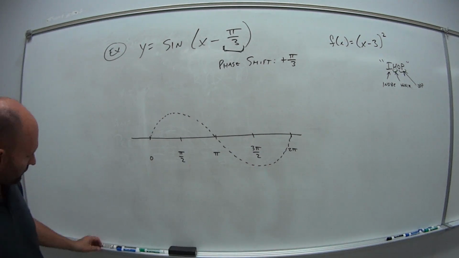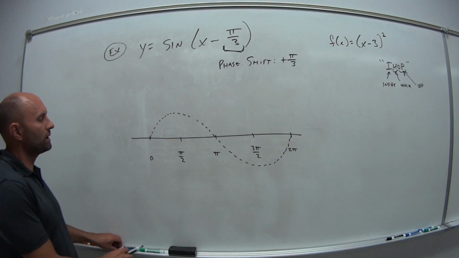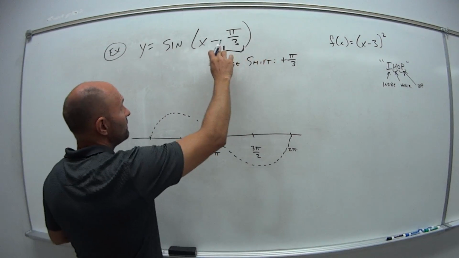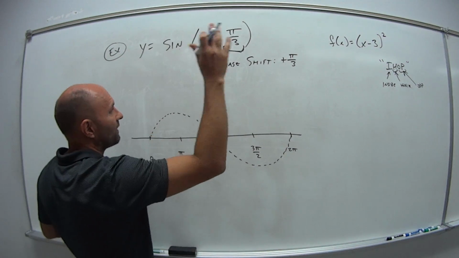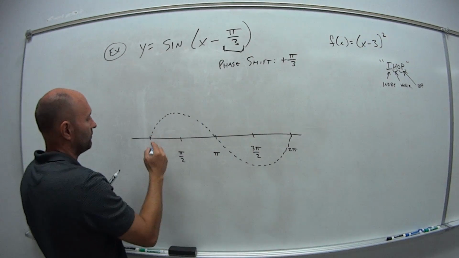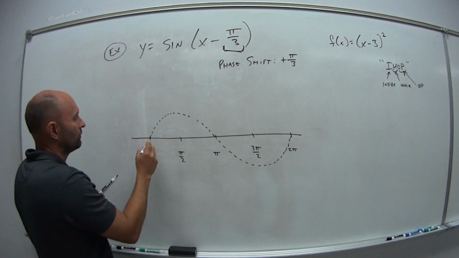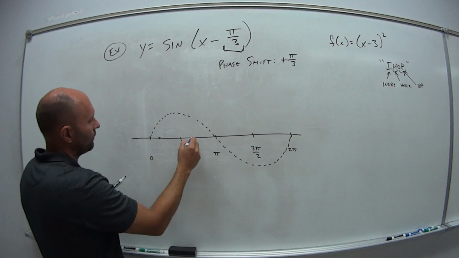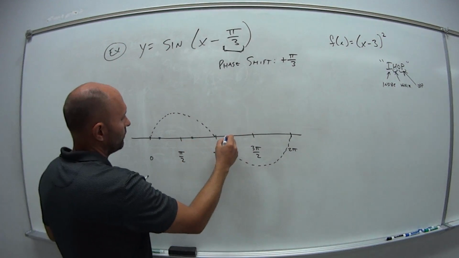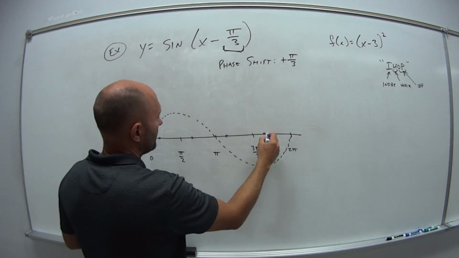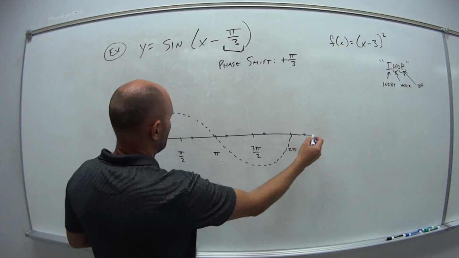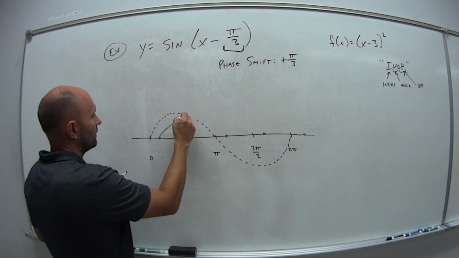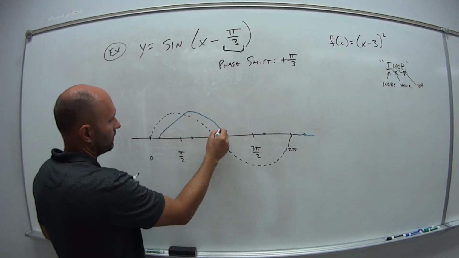But now, because of the plus pi over 3, it's going to shift all these points to the right, because I see negative, which means I have to go the opposite way. I have to go positive pi over 3. So I'm going to go a third of the way here, a third of the way here, a third of the way to the next one. So this one actually then starts here, tops out here.